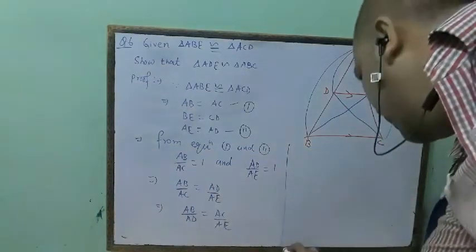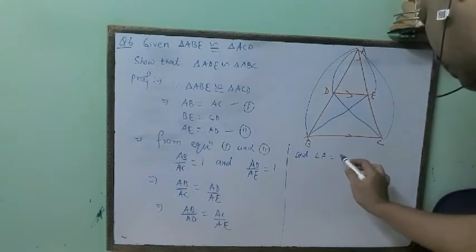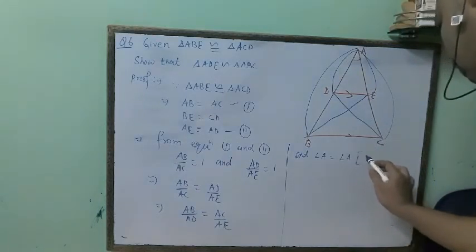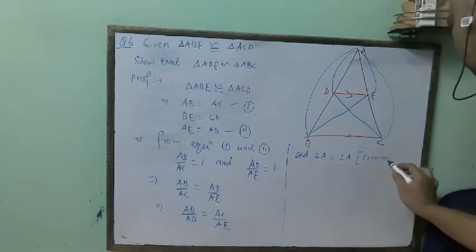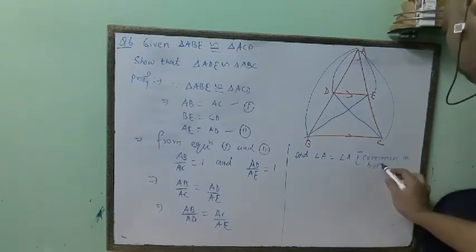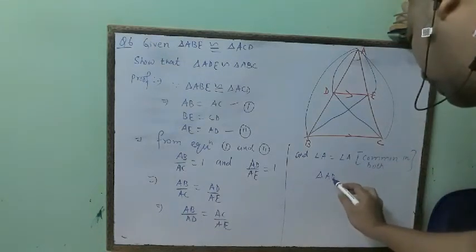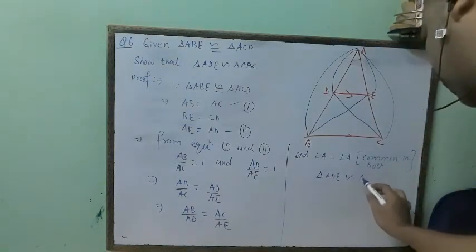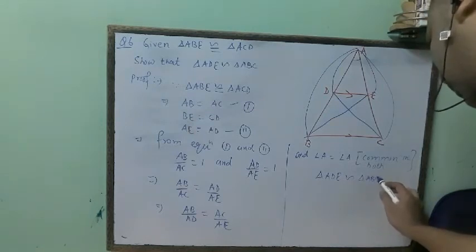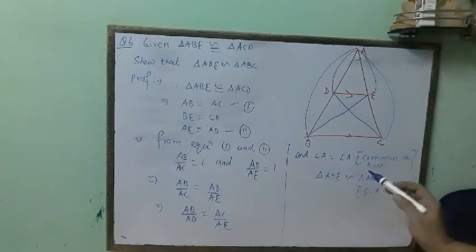Angle A is equal to angle A, common in both. Now we can say that triangle ADE is similar to triangle ABC. The criteria is SAS criteria.